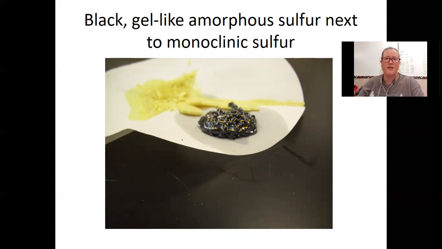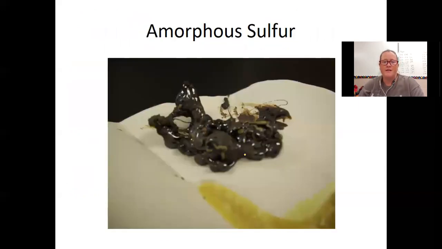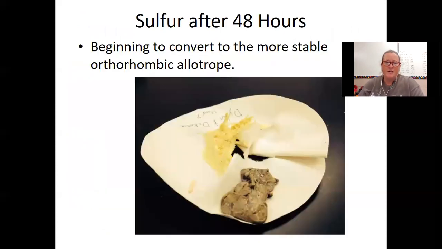And here's our monoclinic. Another really neat picture of that amorphous sulfur. And over time, you can notice that these are both starting to get dusty looking because they are very slowly turning back into that orthorhombic variety, which is a more stable form of the sulfur allotrope.